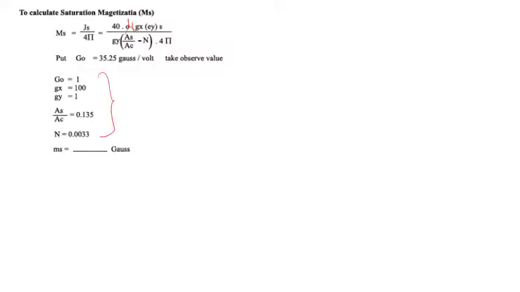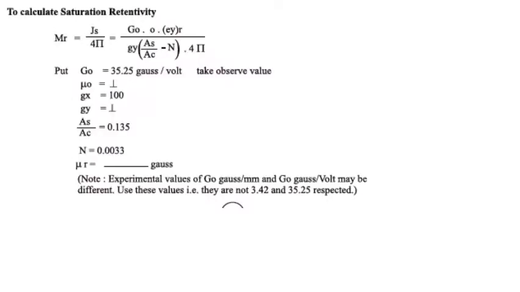The ey value we have already calculated, and the gx value, g0, and gy value that we have taken for this, that is 101. So we have to put these values and find the saturation magnetization.